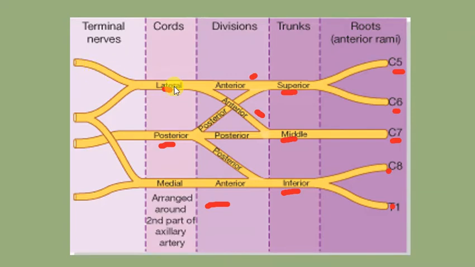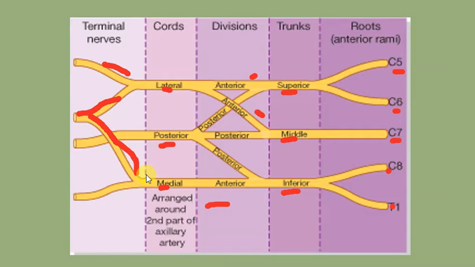The lateral cord divides into two branches. One branch forms a nerve, but the other branch joins with a branch from the medial cord to form a terminal nerve. The posterior cord forms a terminal nerve itself. The lateral and the medial cords are each divided into two branches. One branch forms a terminal nerve, and the other branches join.